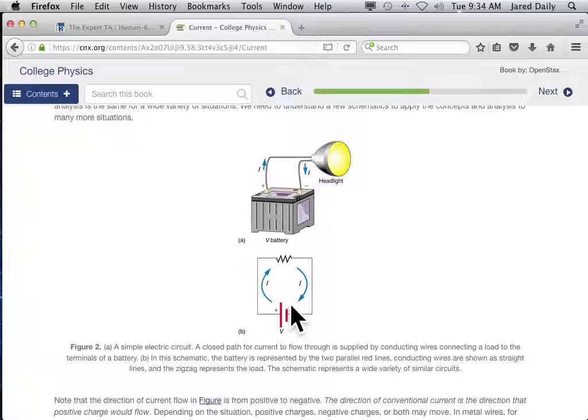Put your name on it, put your date on it, and draw a picture of the circuit too, with the battery and the resistor in it.